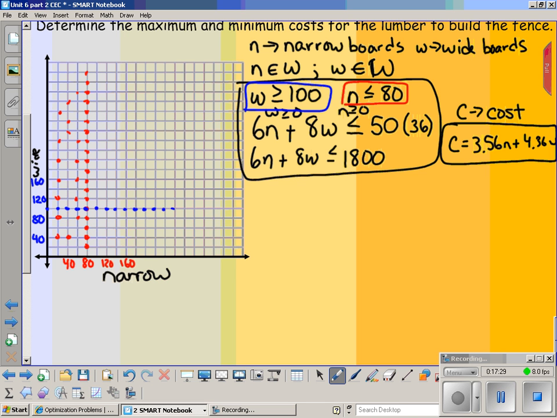Now we want W to be larger than this. So we should know that we're going to be graphing above, but if you were not sure, you'd substitute 0 in. 0 is not greater than 100, so you do not shade where (0, 0) is. So the opposite region is above. So at this point, here's where we have some overlap, and it could go all the way up here.